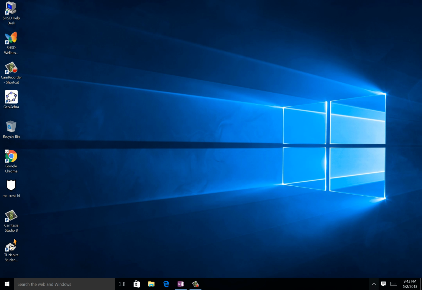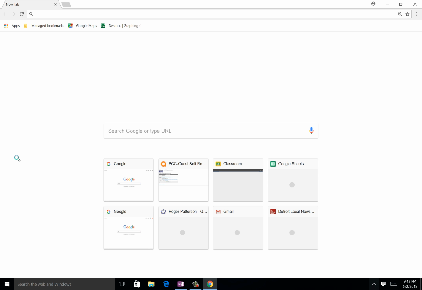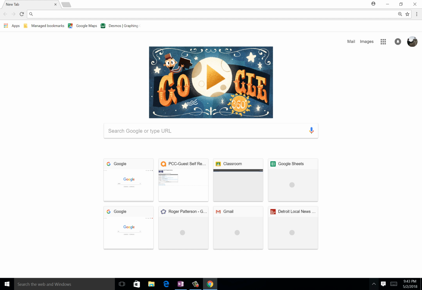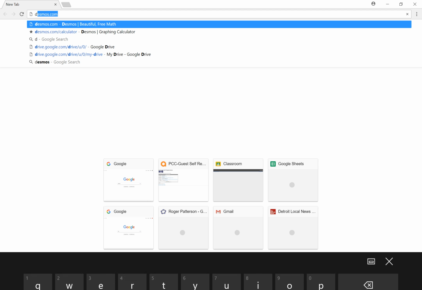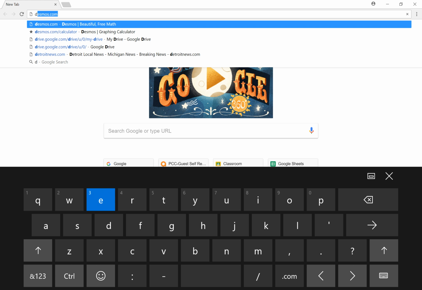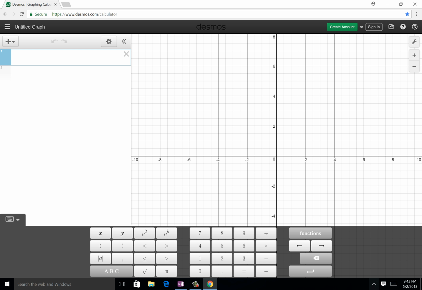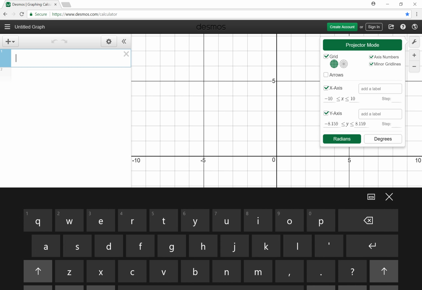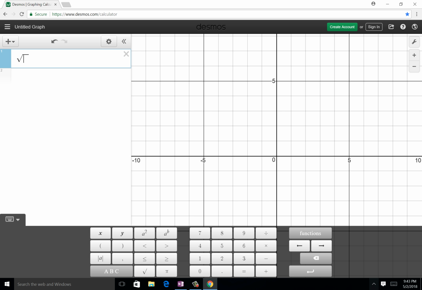I'll go into Desmos here. Oops, I think I just cleared the dang thing right out. There we go. Okay, so square root right down there. Put my 18 there. It tells me it's 4.2426.